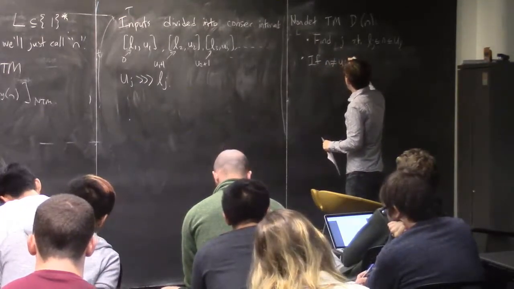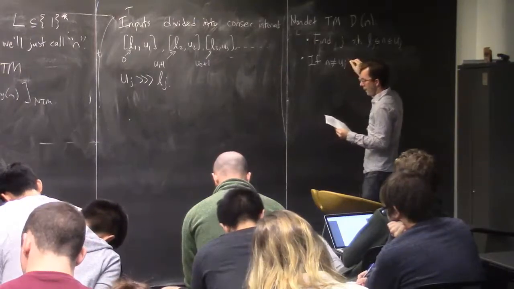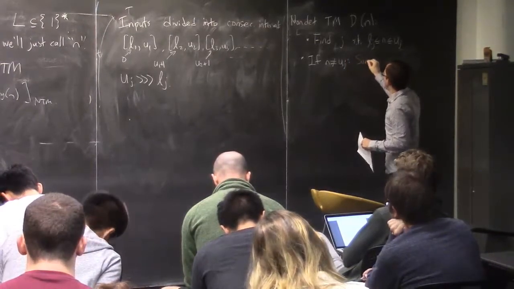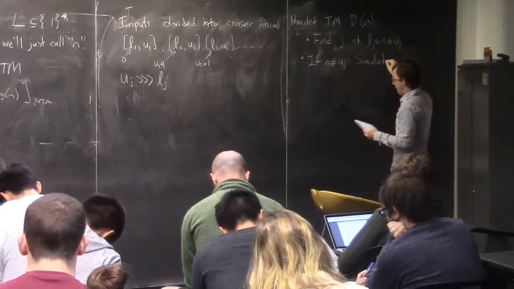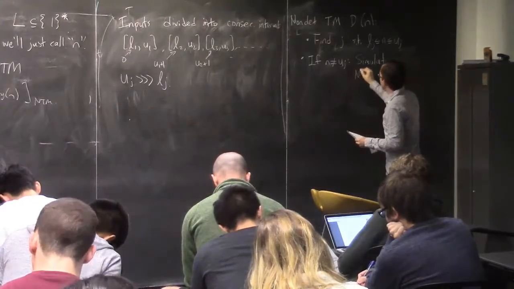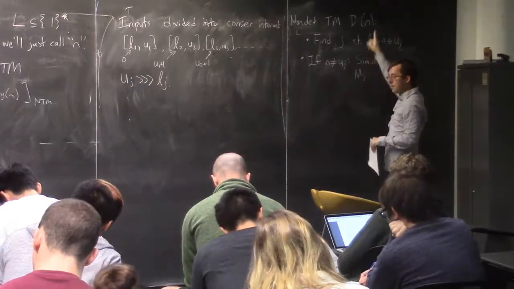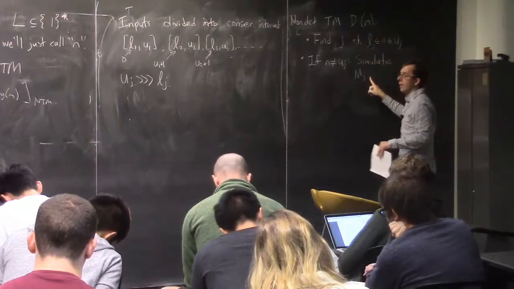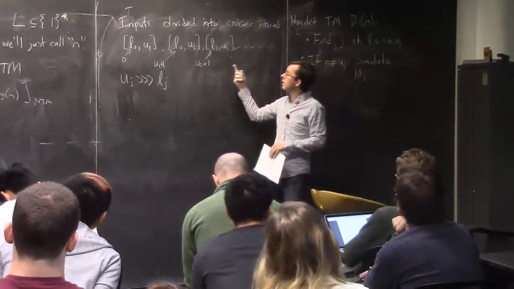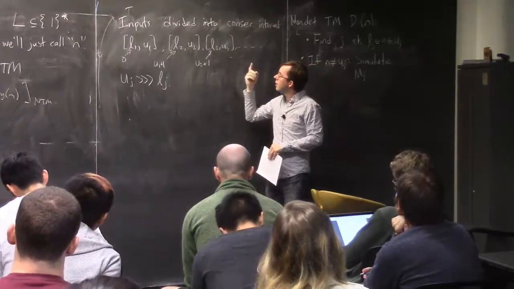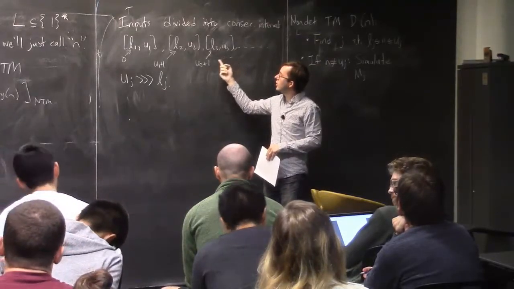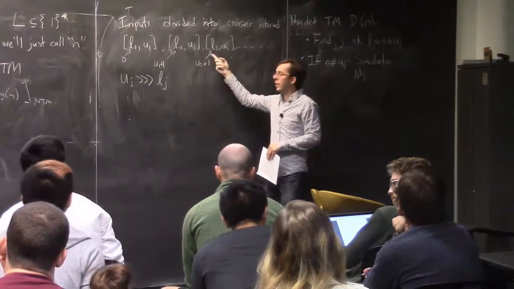So if n is not equal to Uj, we're going to simulate M sub j, not M sub n, but M sub j, the Turing machine associated to the number of what interval this is.